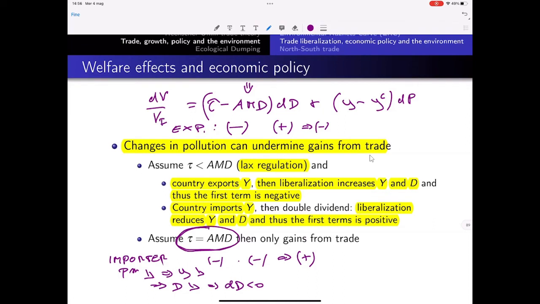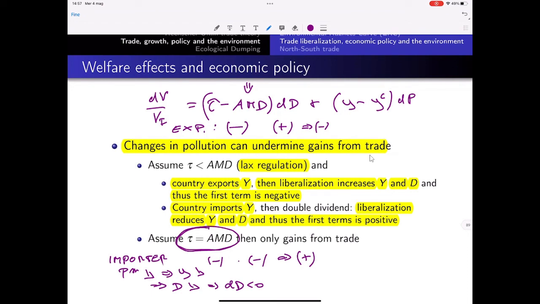So if you set tau equal to the marginal damage, you no longer have the externality, and therefore you no longer have environmental damages in utility terms. So this goes back to our first lecture, when we have seen how to set taxes optimally. If the tax rate is set in an optimal way, you have to set it equal to the aggregate marginal damage.